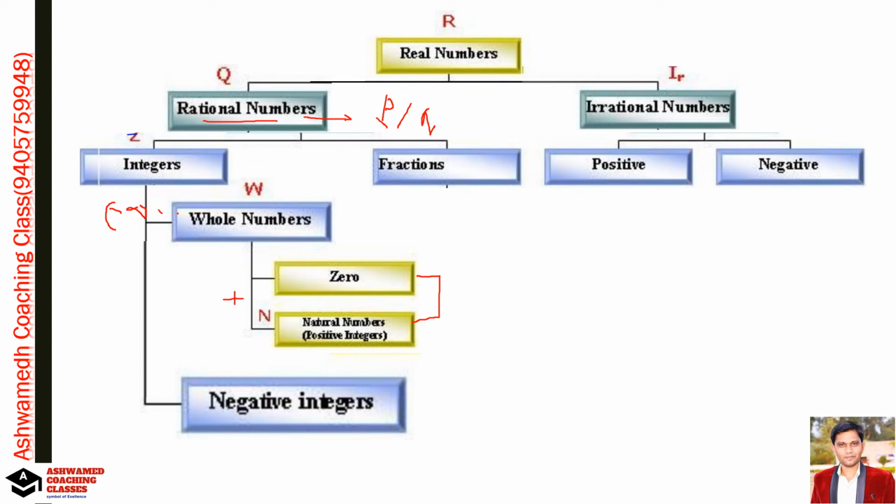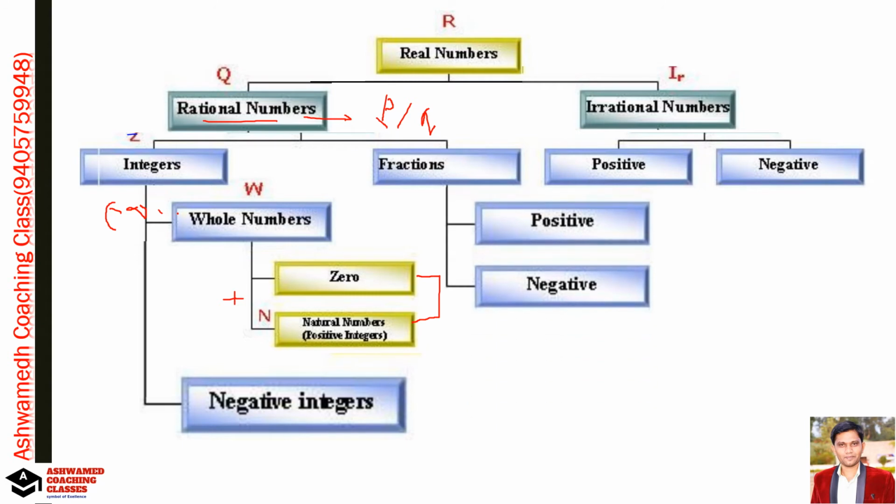If we see the real line, on the left hand side we get all the negative integers. Again, fractions are of two types, positive and negative, and again of the form p upon q. Irrational numbers are also either positive or negative.